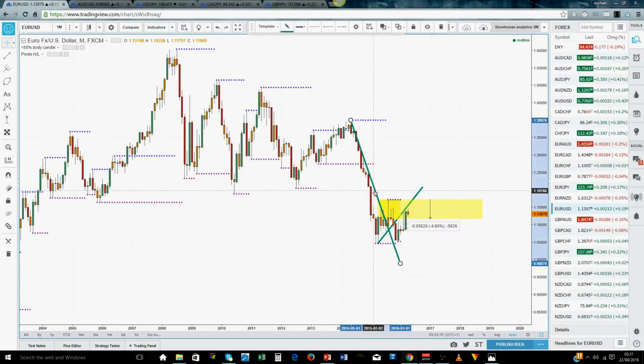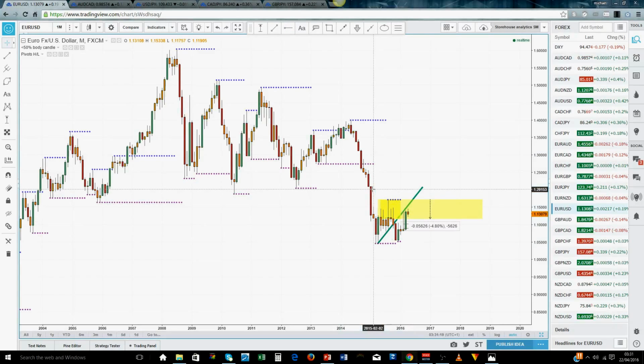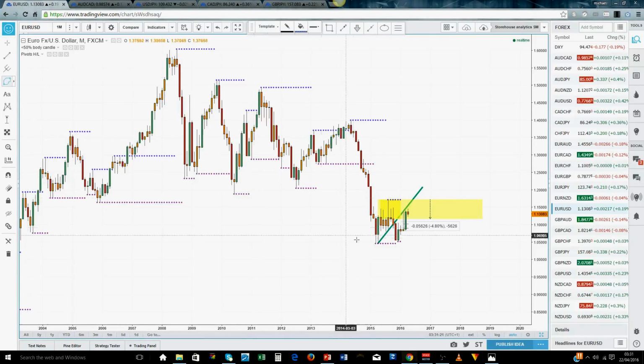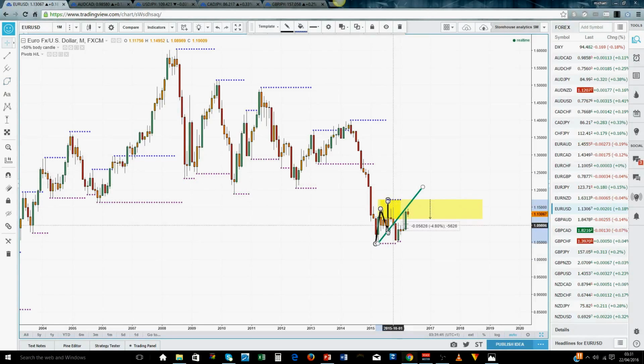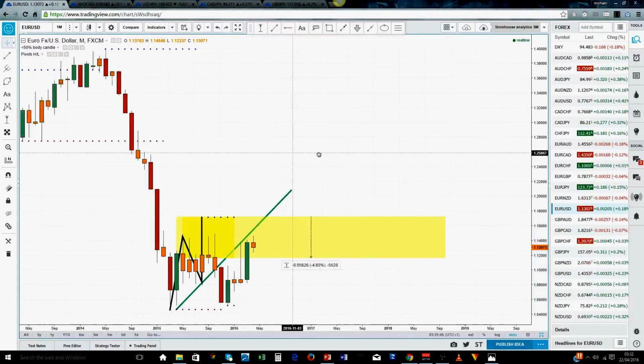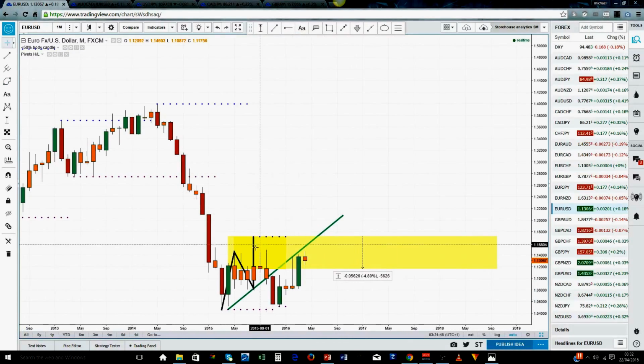But what we also noticed, I'm going to take this out as well, is using the polyline again. When price made this low right here, it went up and then it came back down here and then rose to this high right here. So that's why we've drawn this uptrend line. Now let me blow this up so we can see it a bit more.